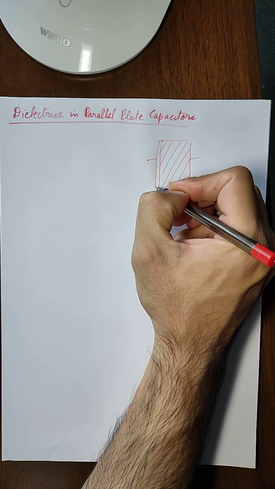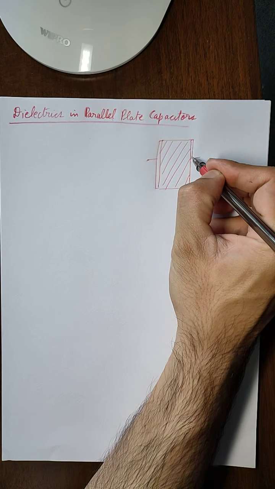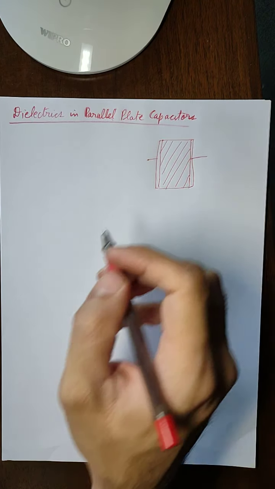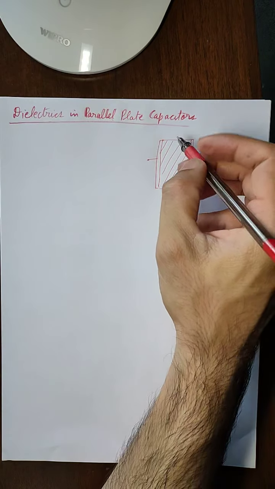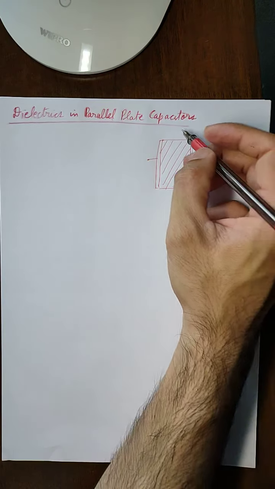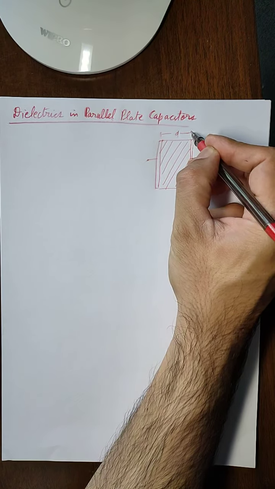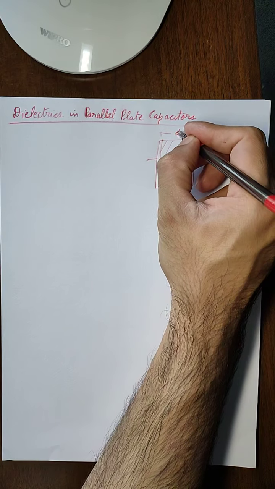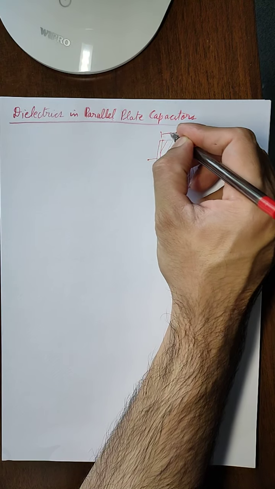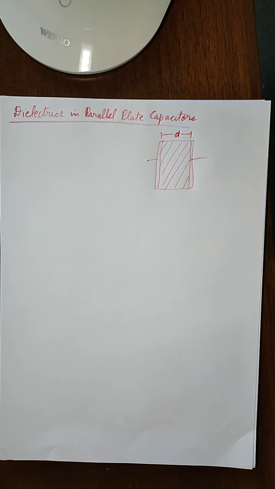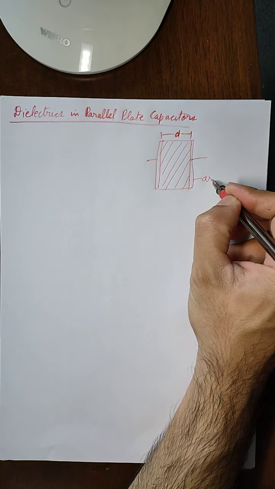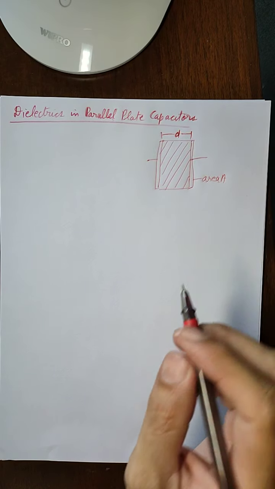So this is a parallel plate capacitor, and we'll show some thickness here. A parallel plate capacitor which is filled by the dielectric, where the distance between the capacitor plates is d, and the area of the plate is A.